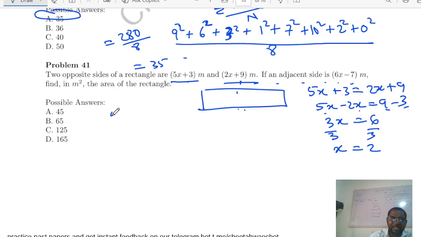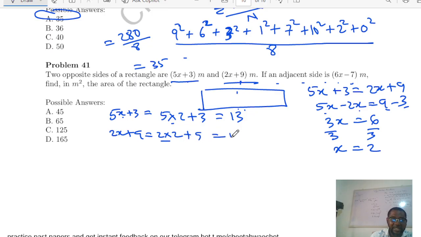The length here, I can use any one. 5x plus 3. If I put x to be 2, it's going to be 5 times 2 plus 3, which is 10 plus 3, which is 13. Then the other one is 2x plus 9, which is 2 times 2 plus 9, which is 4 plus 9, which is also 13. So these two are the same thing. So the length of the rectangle is 13.